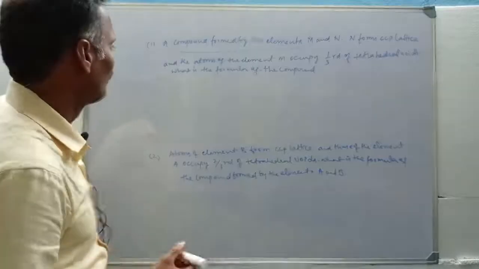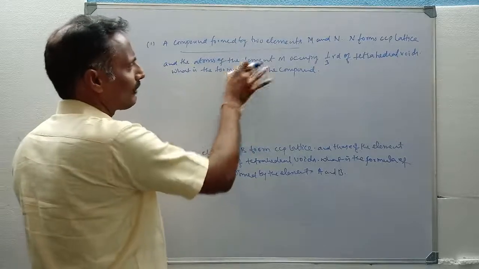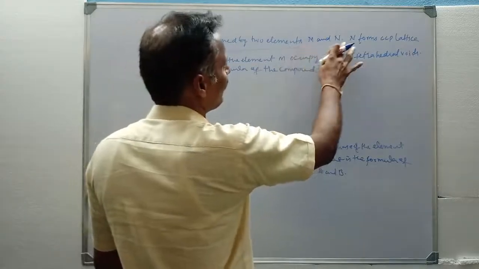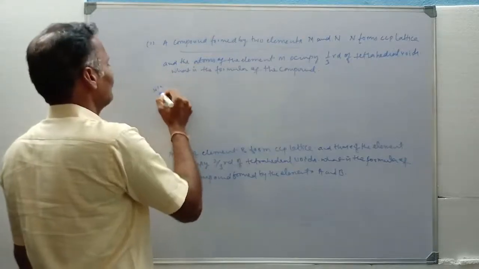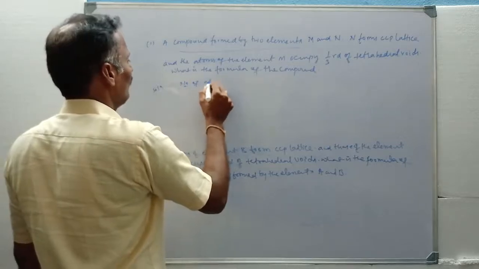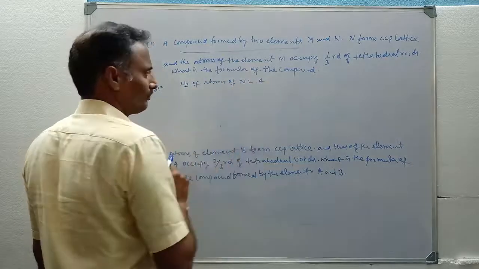This is the problem to find out the formula of the compound. Here the element N forms a CCP lattice. If N forms a CCP lattice, we know the number of atoms of N is equal to 4.